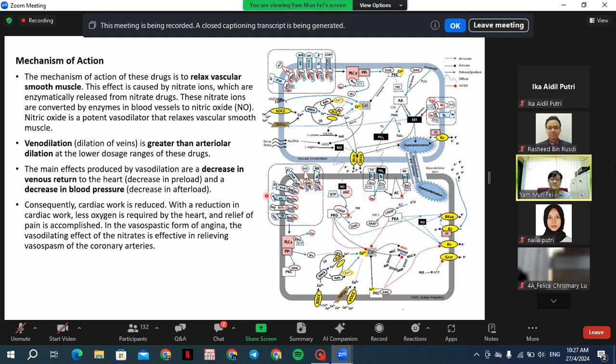Okay, clear? By doing so, your heart work will be reduced, so your heart will become more relaxed compared to before the treatment. Then the pain will be relieved. Okay, clear? This is the mechanism of action.